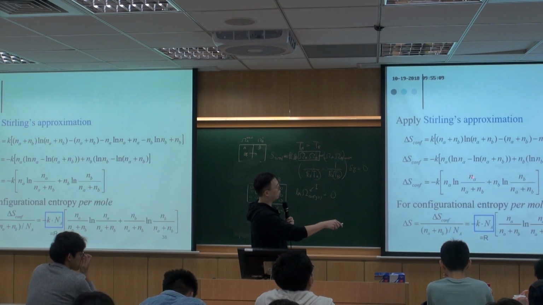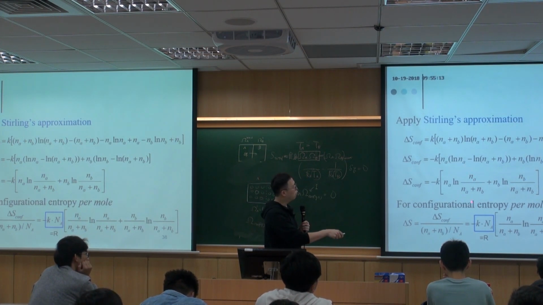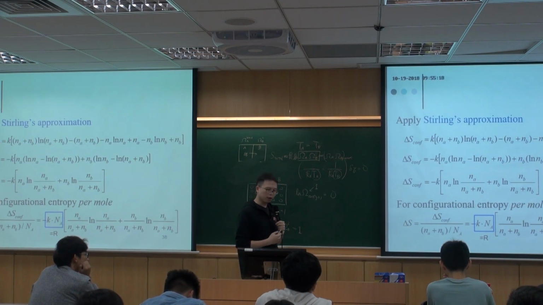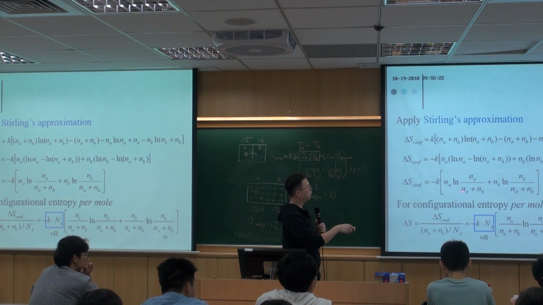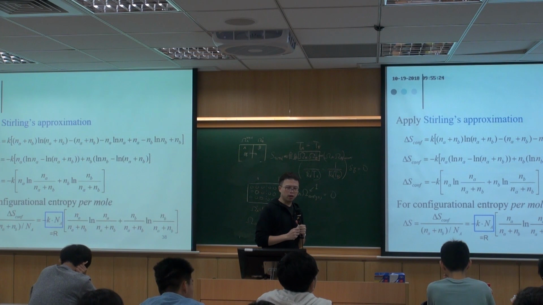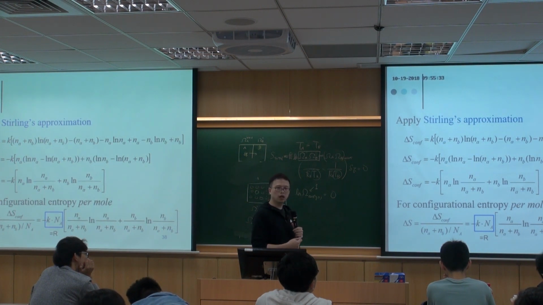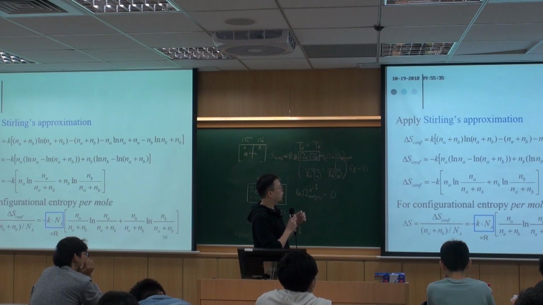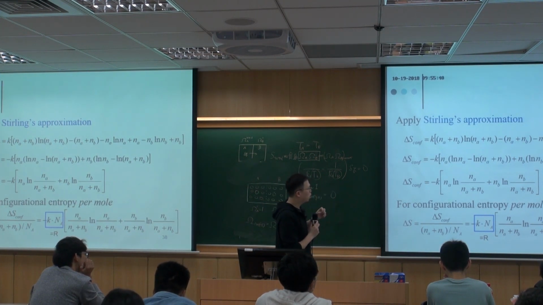This is NA, the total number of particles of type A over the total particle number of the two types of particles. So this is the molar fraction of particle A. And therefore, if we can further simplify this prefactor also using molar fraction, then we can further simplify the expression for delta S configuration.